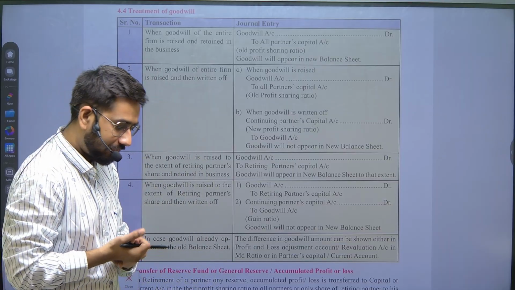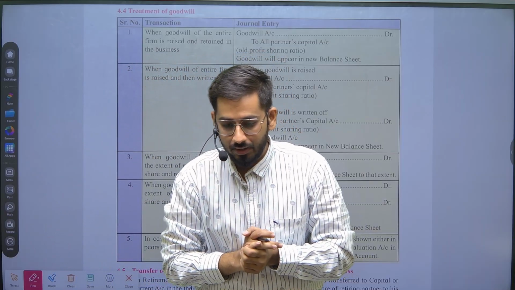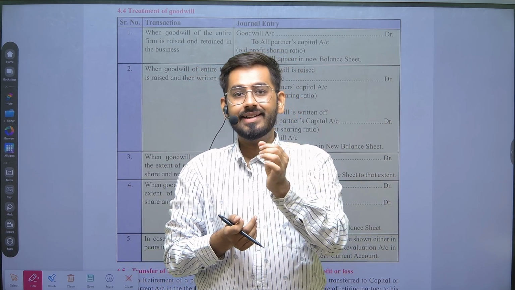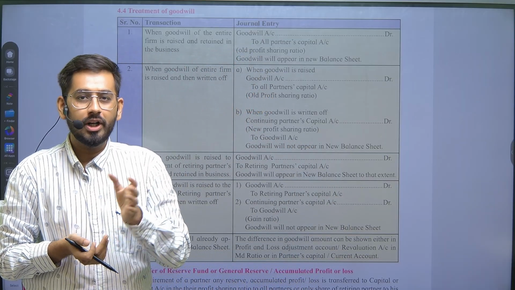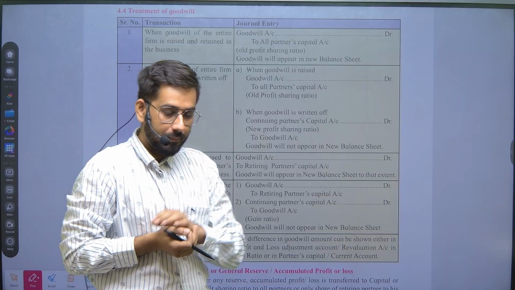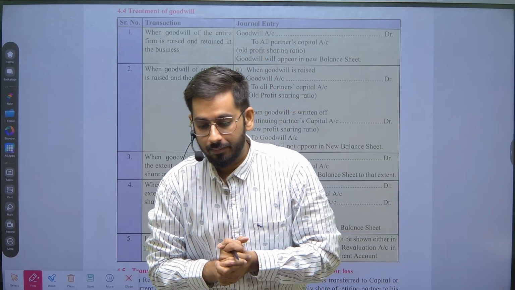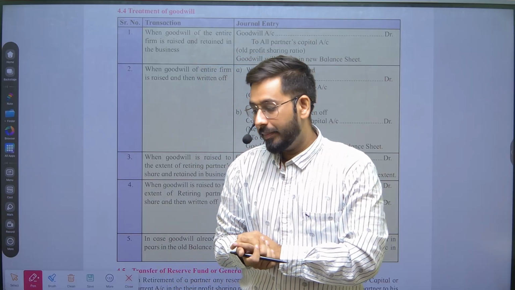First of all, let me give you a hint of what a partnership firm is. When 2 or more persons come together and share some common objective to achieve some common goal, it's called a partnership firm. Before this, we also learned about admission of partner, in which a new partner will be admitted.